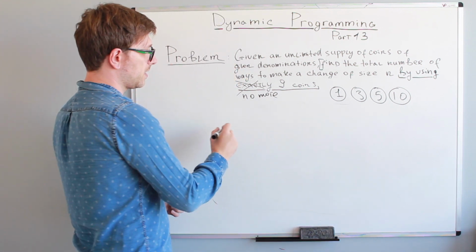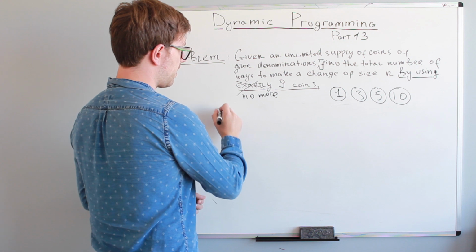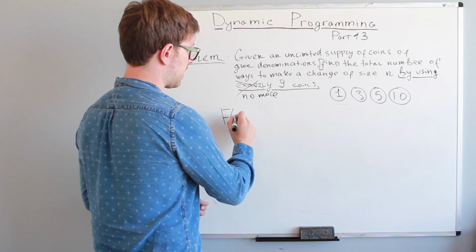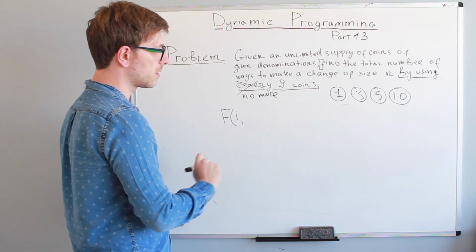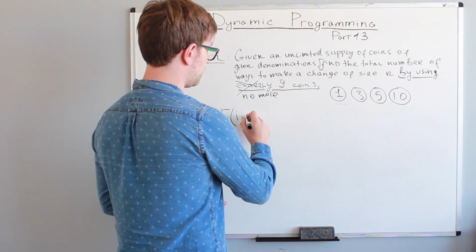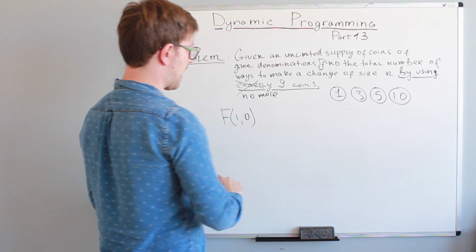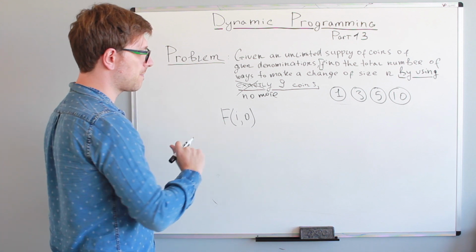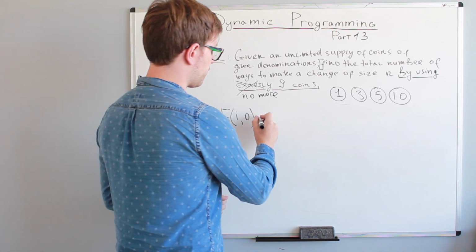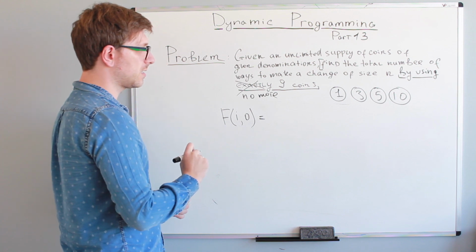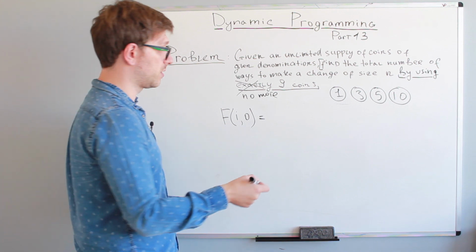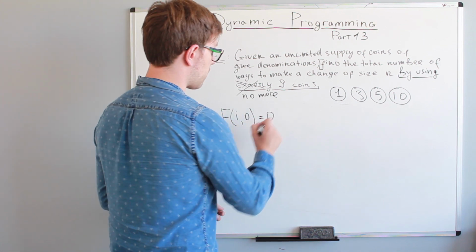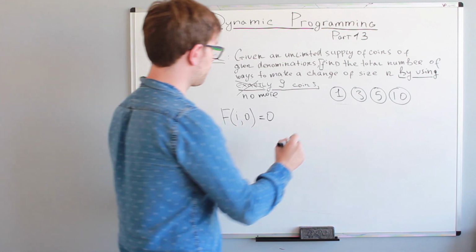Let's see. So if we have f of I, 0, how many ways to make a change of size I by using no more than 0 coins? 0. We can't do that, right?